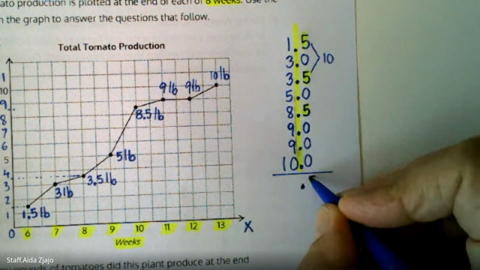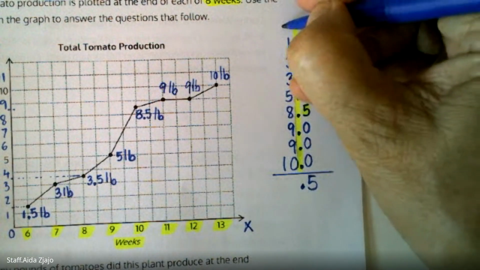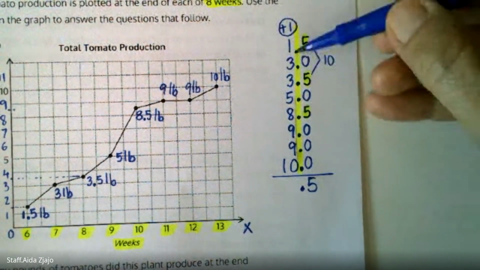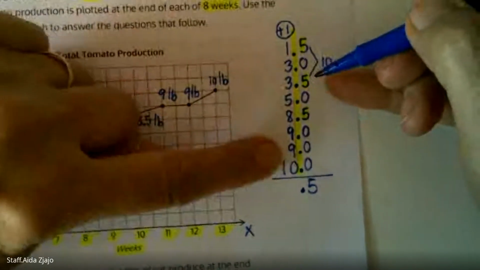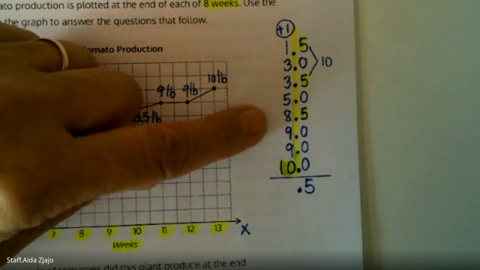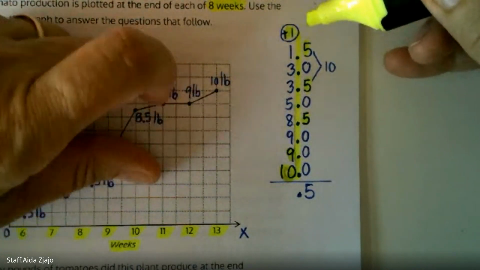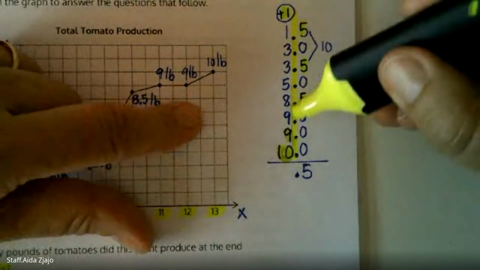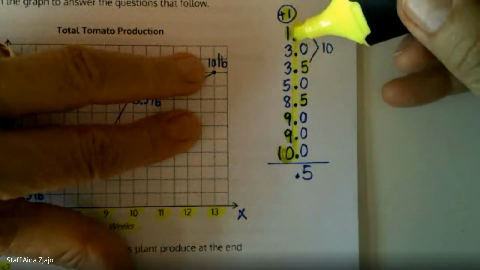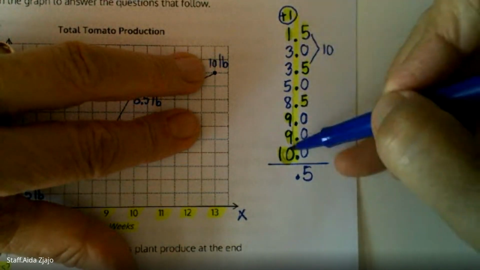Now, I can also look for tens here. I already have 1 ten. Then I have 9 and 1, that's another 10. I have 2 tens. Then this one and this one is 1 more 10. That's 3 tens so far. So 3 tens is 30.